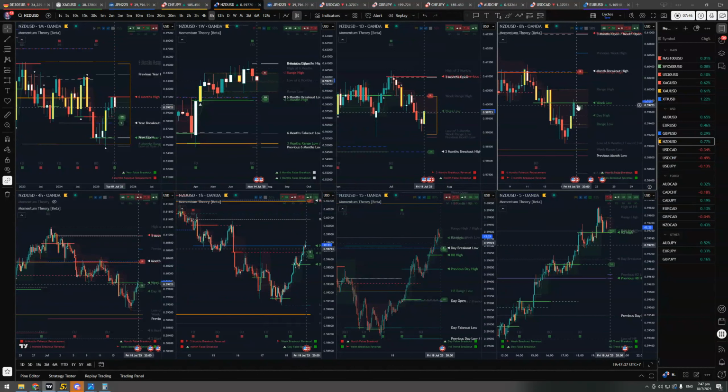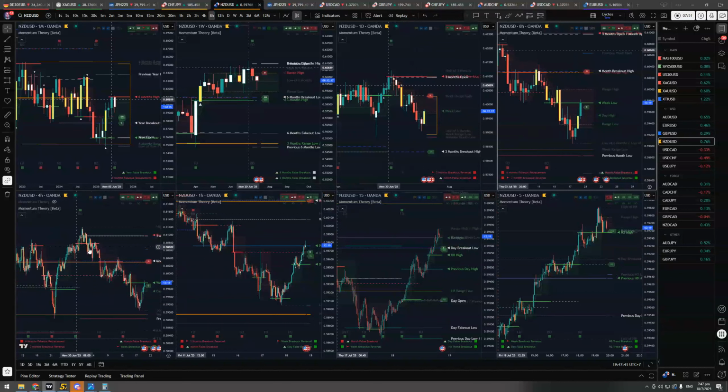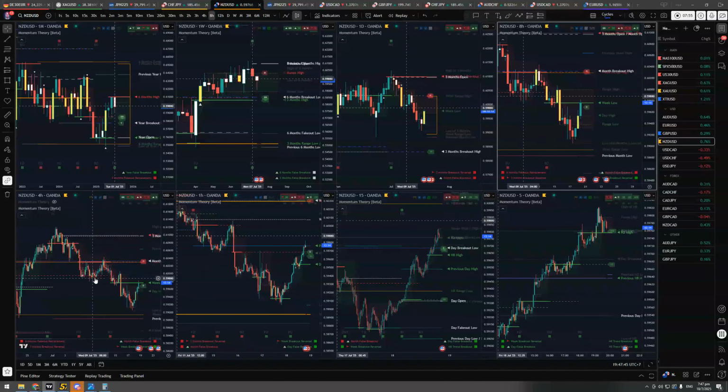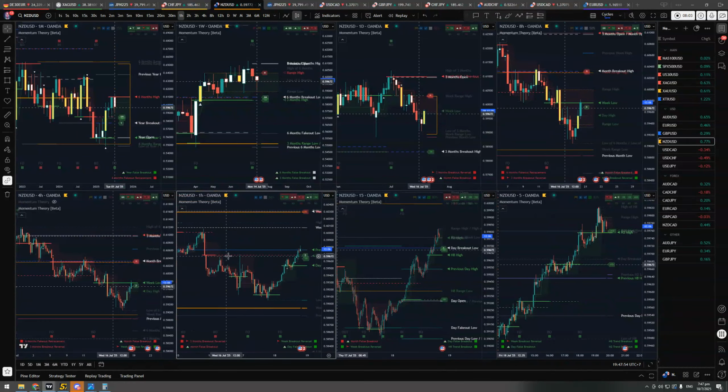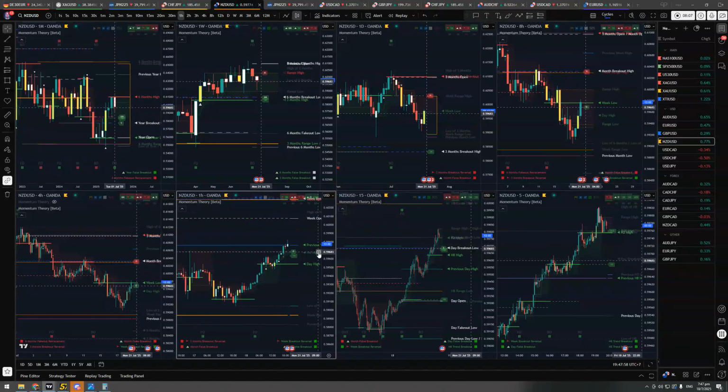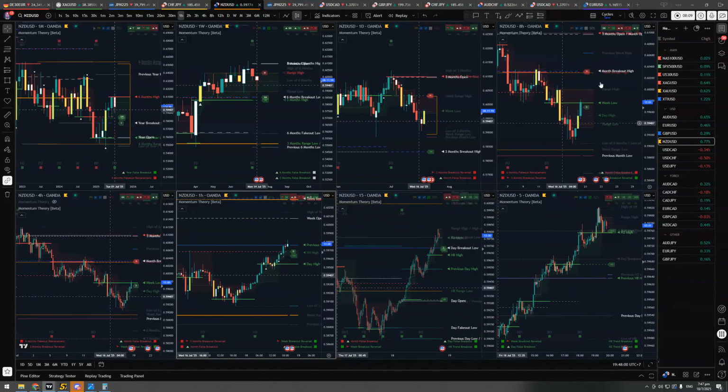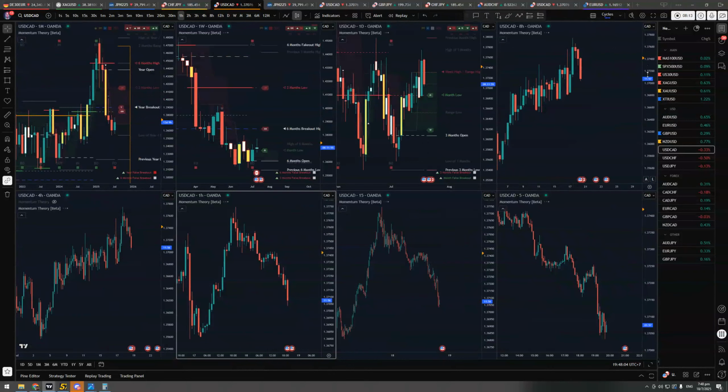If it can get back below the previous week low, this is actually a nice little move. It's pulling back nice. So I'm looking for something like this, pull back and then take it from the top, bring it down, as long as we stay below previous week low. If it gets back above, then I'm not interested. But I do like having these breakout levels nearby. And I'll have a look at that. I'm just going to mark this off. Don't have any signal. This is discretionary, but just something that I saw that might be interesting.